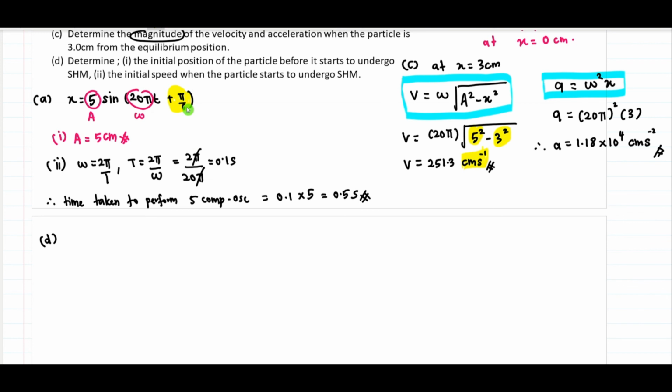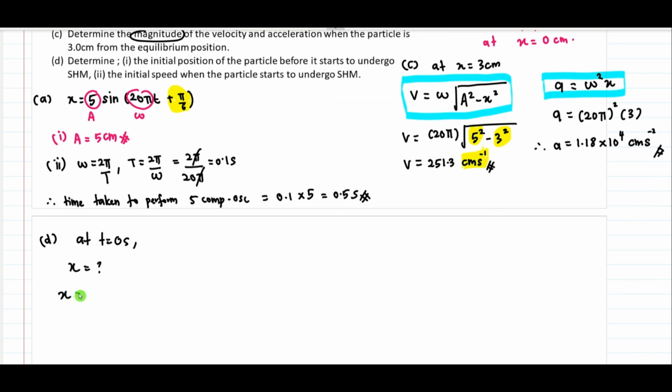That means the initial position of the particle, where t is equal to 0 second, is not at the equilibrium position. So the question asks us to find, at t is equal to 0 second, where is the position of the object.